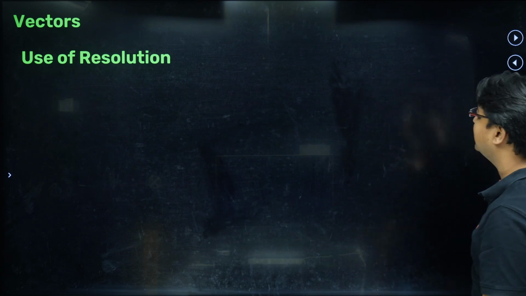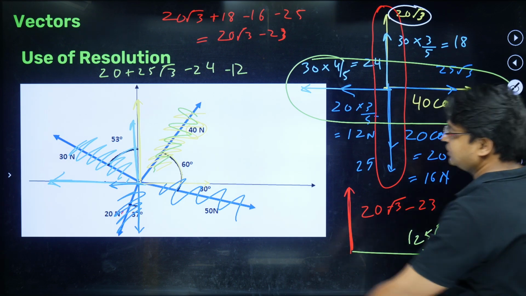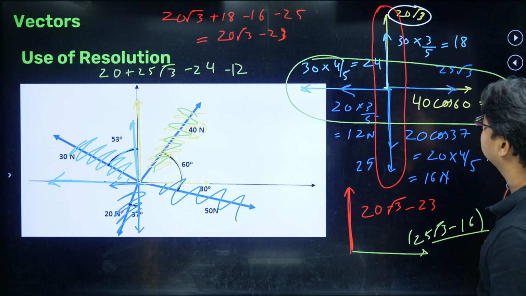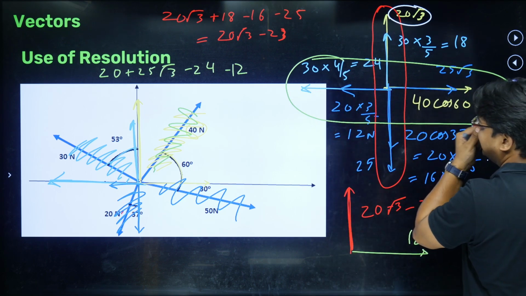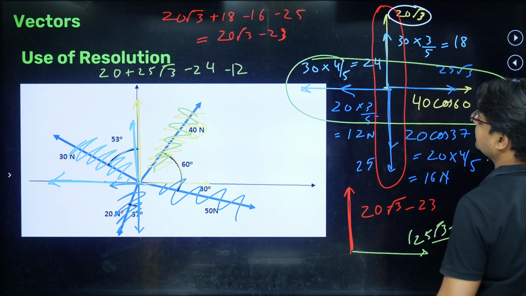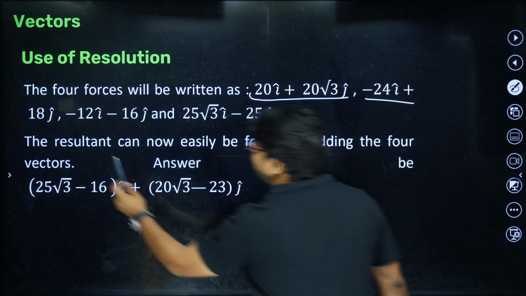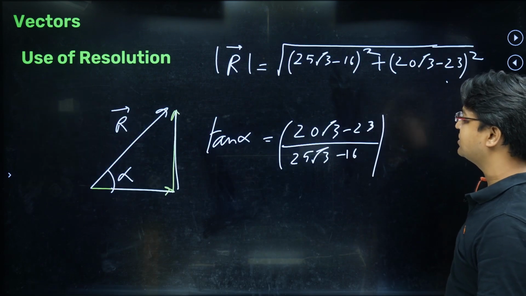The next vector that we wrote was this one. Okay, and this had minus 24 i cap, and in this direction it had 18. So minus 24 i cap, and then 18 j cap. And then the next vector is minus 12 i minus 16 j.